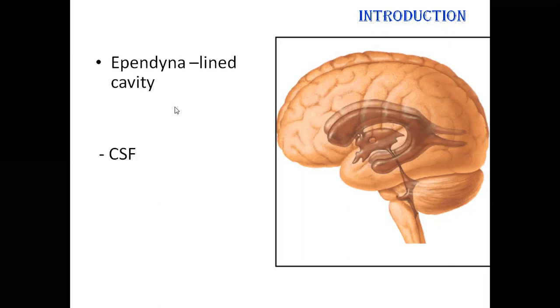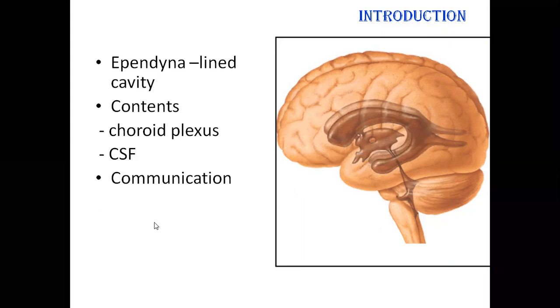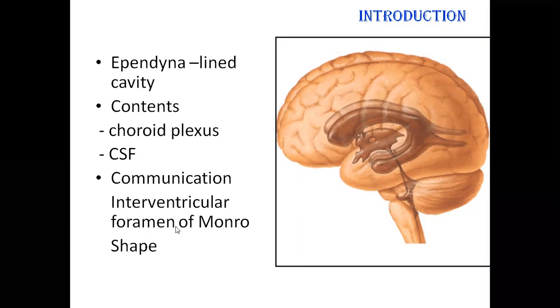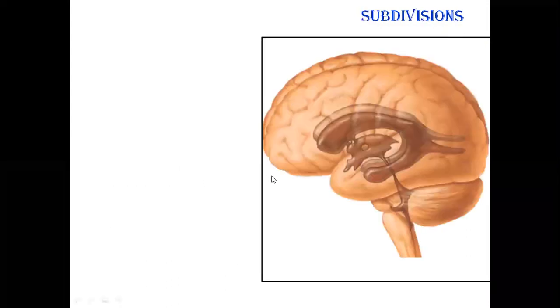It is ependymal cells which are lining the ventricular cavities. Now we will see the content is nothing but the CSF, and we have just seen the choroid plexus, which I will show you, which will actually be helping in the synthesis of CSF. We have seen the communication, interventricular foramen, the shape and everything.